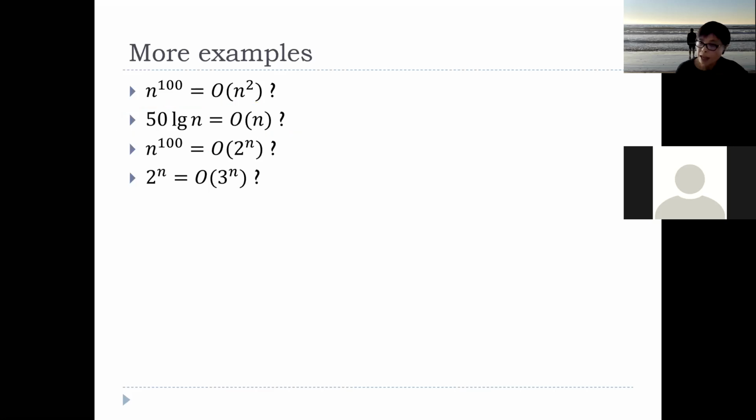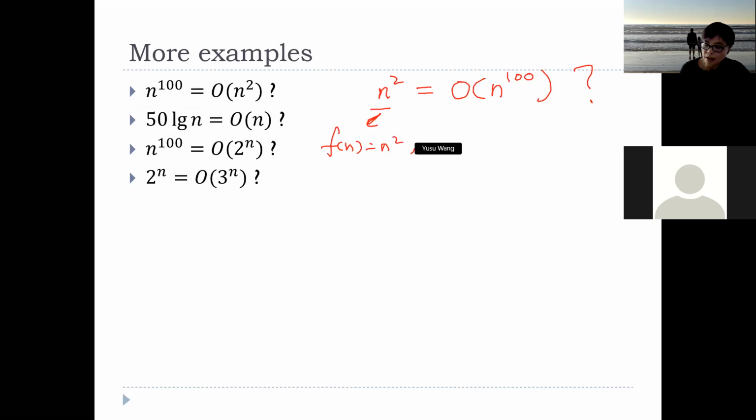Is the following true? In this case, f of n is n squared and g of n is n to the power of 100. Let's take the ratio of f of n divided by g of n and look at its limit.